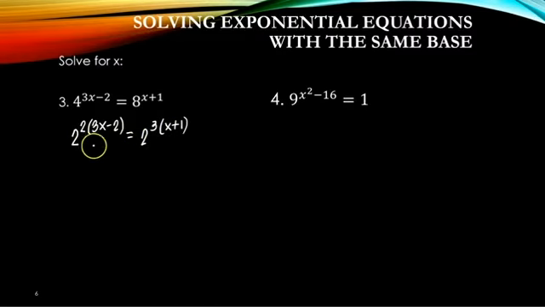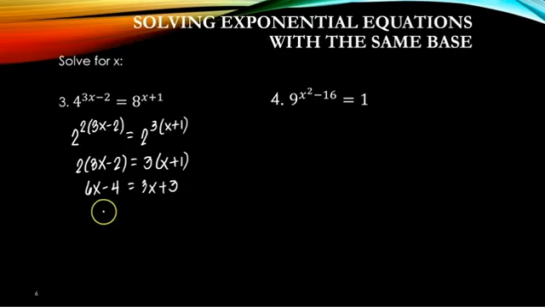Since both of them have the same base now, which is 2, I can say 2 times 3x minus 2 is equal to 3 times x plus 1. This is 6x minus 4 is equal to 3x plus 3, or 3x is equal to 7. X is 7/3. So this is your solution.